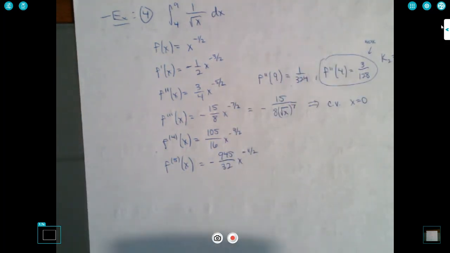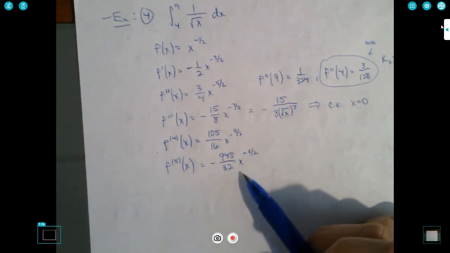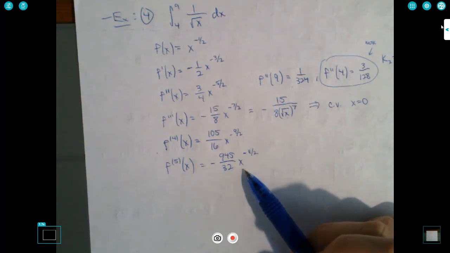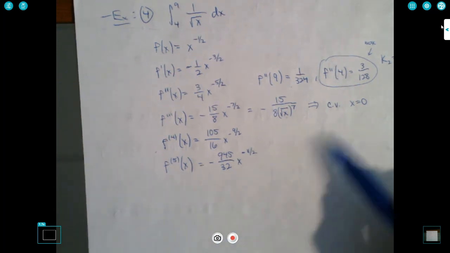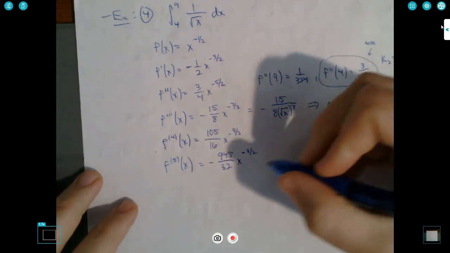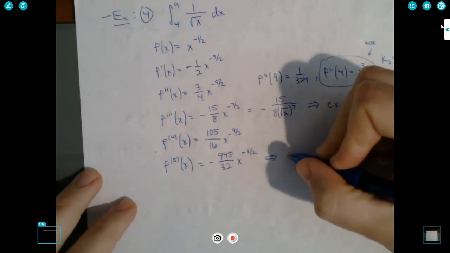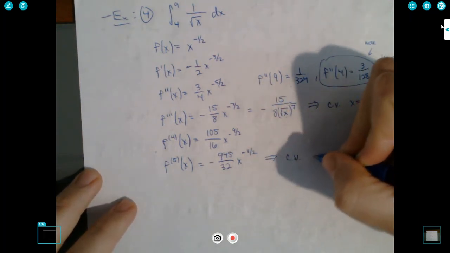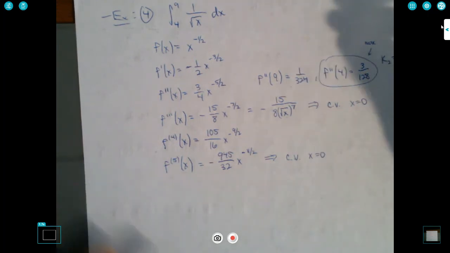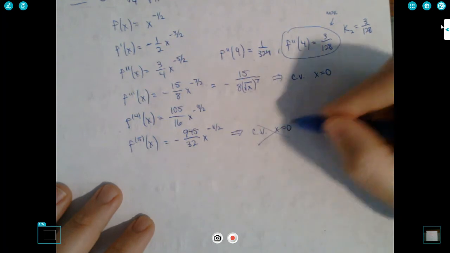Wow. Now the good news is that might seem kind of complicated, but the only critical value you're going to get is when x equals 0, which is not even in this interval, so we don't have to worry about it.